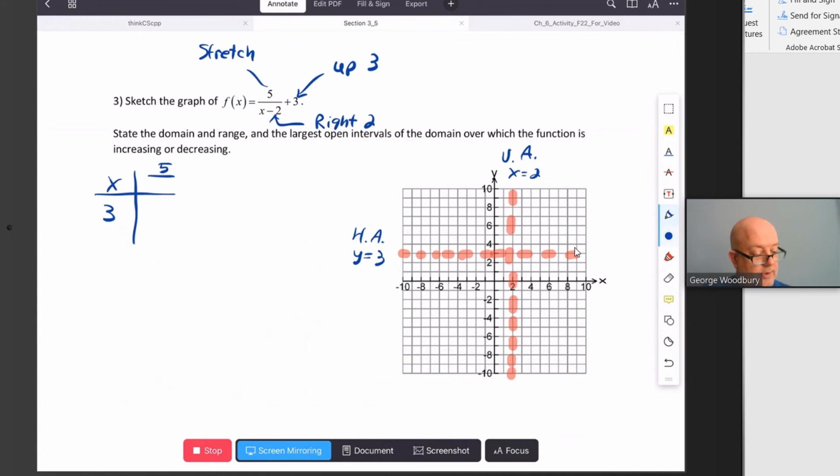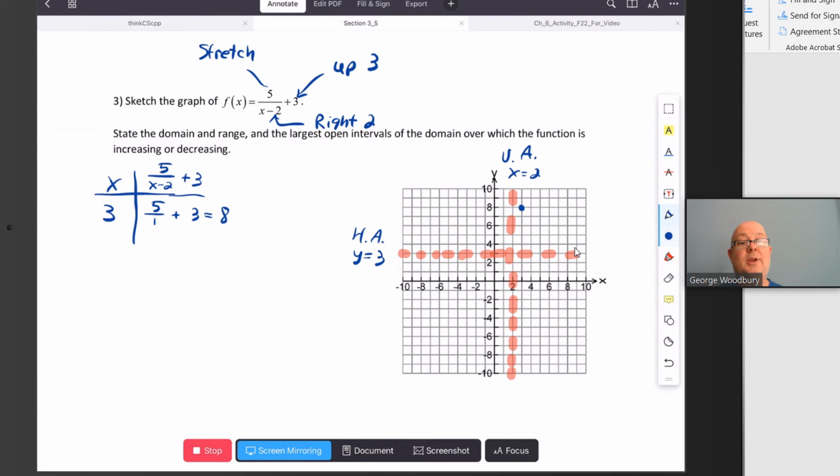And then we're going to do 5 over x minus 2 and then add 3 to that. So that becomes 5 over 1 plus 3. And that's 5 plus 3, or 8. So when x is 3, y is 8. I'm going to pick another point so that I can divide 5 by that number. And the only numbers that go into 5 are 1 and 5.